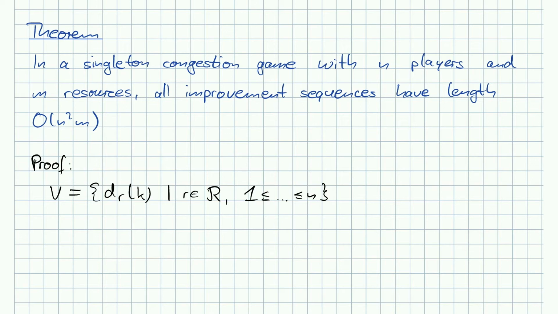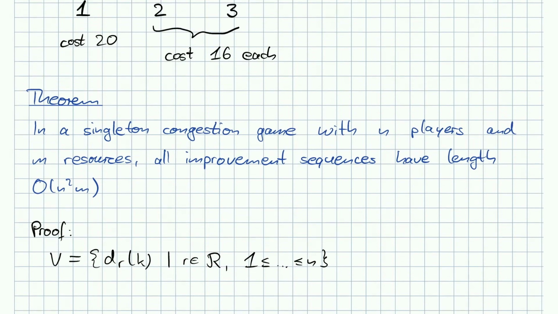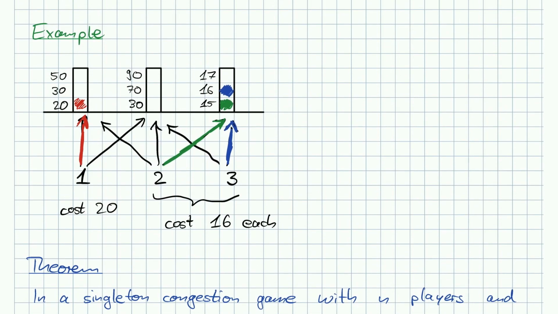So what do I mean by this? Let's see this in our earlier example. What are the delay values up here? Well, the set V would be, we will later order this, but let's first see what delay values we have. We have the values 20, 30, 50, 30, 70, 90, 15, 16, and 17.